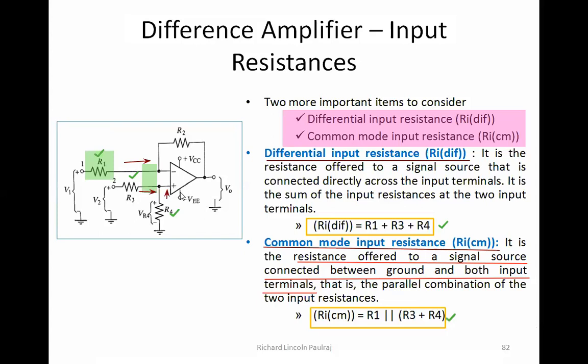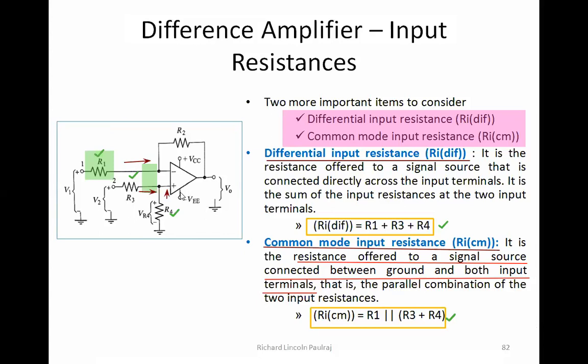The non-inverting terminal. Correct. So that becomes a combination to the other terminal. So hope this concept is clear. Can we move on to the next one? Yes, sir.